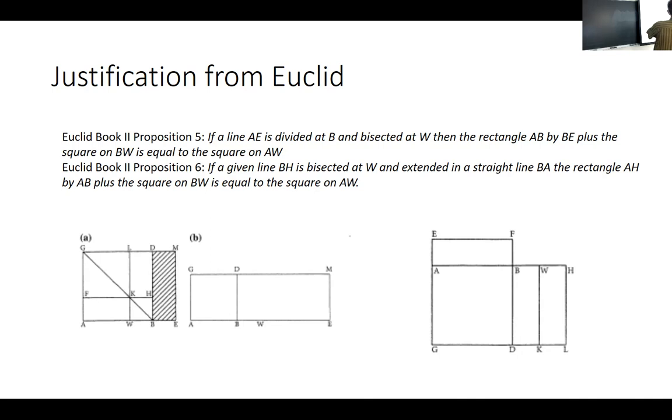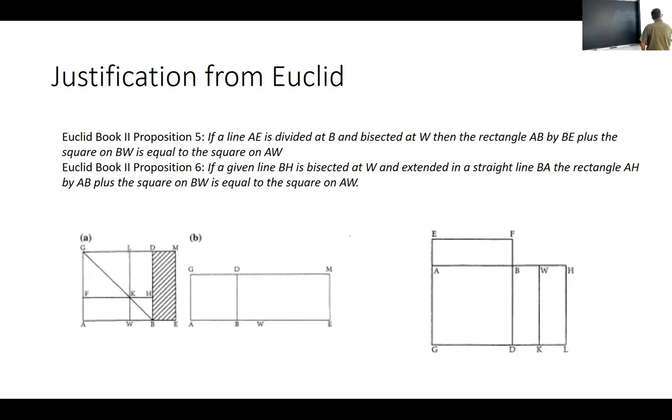Should that be BH, you think? I think it's supposed to be this rectangle here, plus the square on BW is equal to the square on AW. So the square on AW is also the same thing as this square here, I guess.